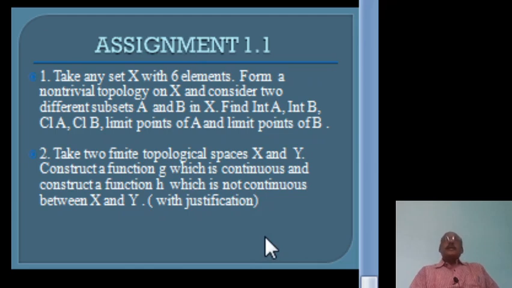Now, based on this discussion, you may do the following two assignments.